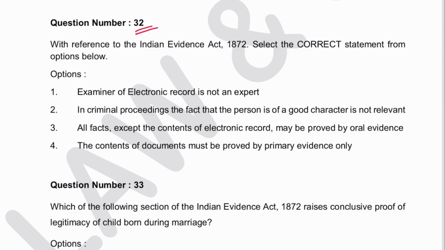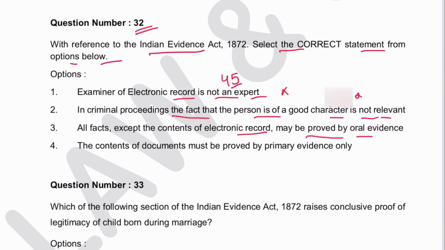Next, 32. With reference to the Indian Evidence Act, select the correct statement from the options below. Examiner of electronic record is not an expert in criminal proceedings. The fact that the person is of good character is not relevant. Both are wrong. Expert is mentioned in section 45 of the Evidence Act and this statement 2 is section 53. All facts except the content of electronic record may be proved by oral evidence.